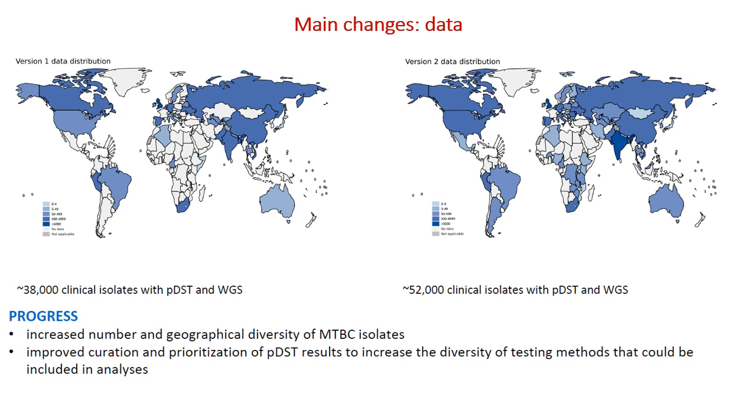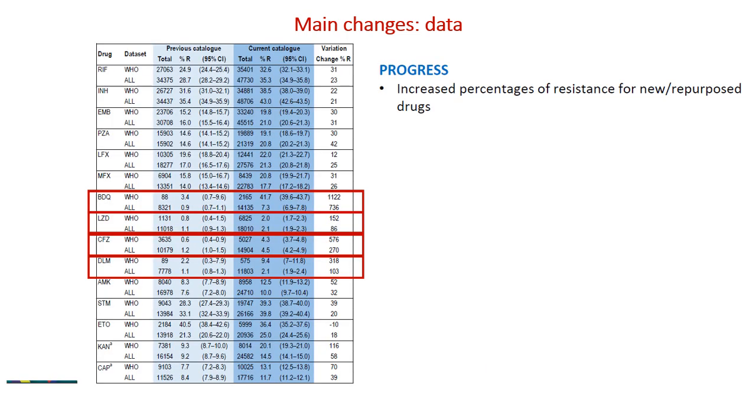So there is an increase in the number and also in the geographical diversity of MTBC isolates, as you can see on the maps. There is higher representativeness of strains showing resistance to the new repurposed drugs. So we are referring to bedaquiline, linezolid, clofazimine, and delamanid.